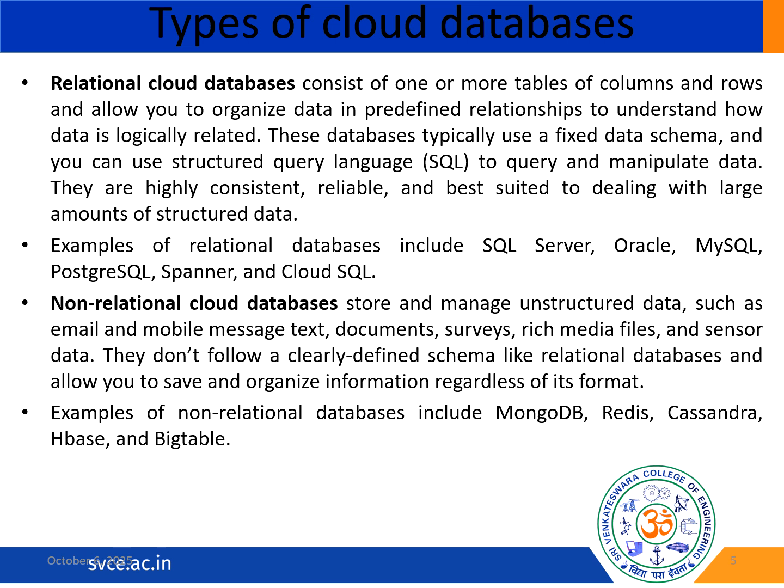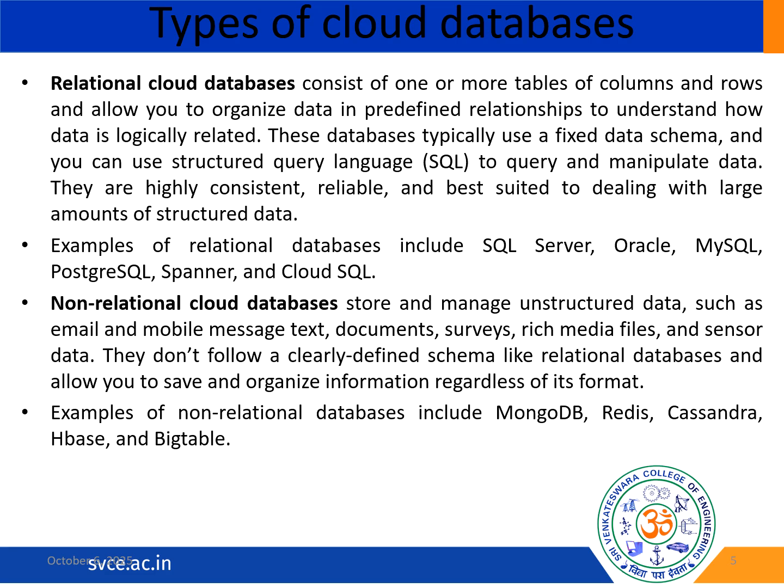When you consider relational cloud databases, they consist of one or more tables of columns and rows, which allow you to organize data in predefined relationships. This helps you to understand how the data is logically related. These databases typically use a fixed data schema, and they use structured query language to query and manipulate the data.